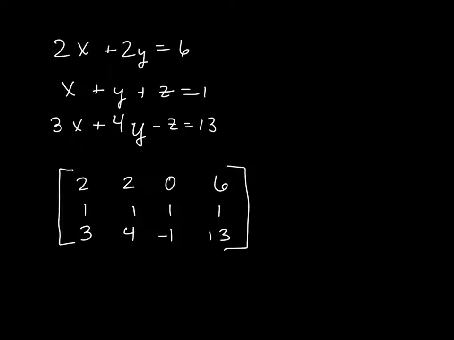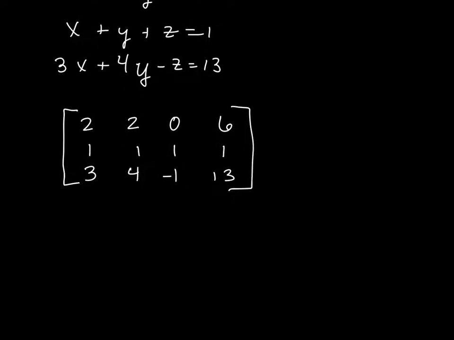Now, our whole goal with doing this is, first priority, we want to turn that first spot into a 1. After that, you're going to turn the next two pieces underneath it to 0. That's our first step.